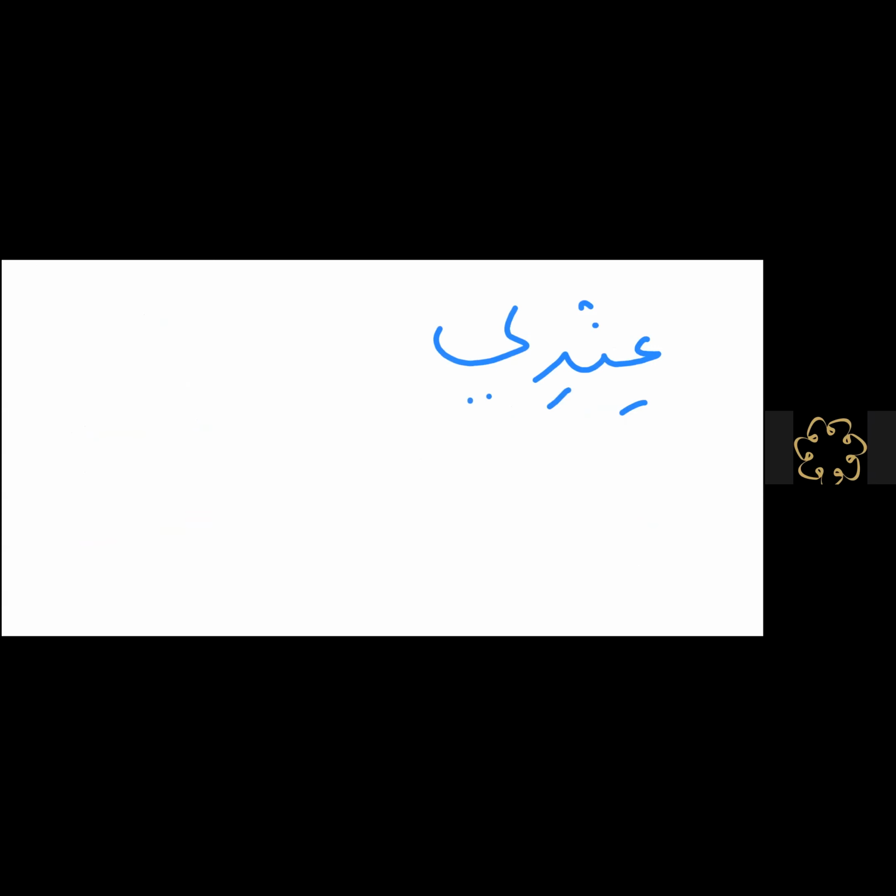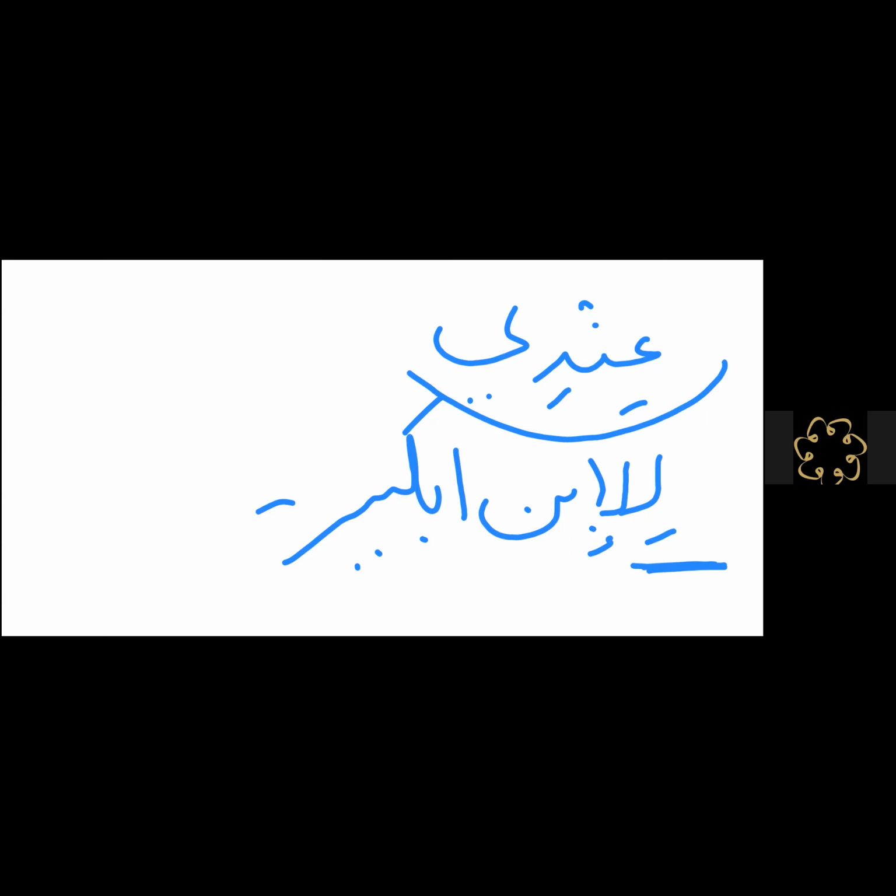All right. For example, I say this room is for the elder son. هذه الغرفة للابن الكبير. تمام. Here لي is for, meaning for them. And عندي means I have.